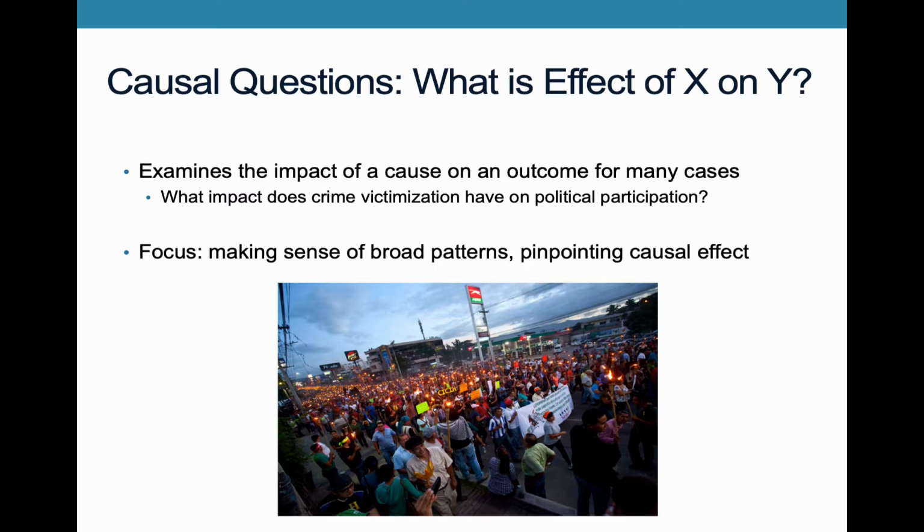And here the focus is on making sense of broad patterns and pinpointing the causal effect of one particular cause. So not looking at why somebody participates politically and all the different factors that go into that, but instead saying, what effect does crime victimization have on this outcome? So it's another kind of causal question, but with a different focus.